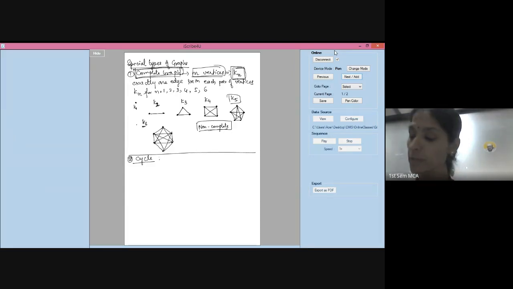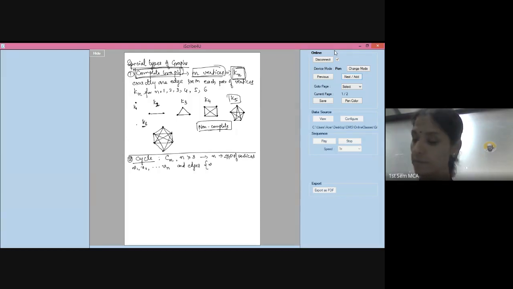Cycle. Cycle is represented by Cn, where n obviously has to be greater than or equal to 3, where n is nothing but the number of vertices again. The vertices can be v1, v2 up to vn. And it will contain edges.